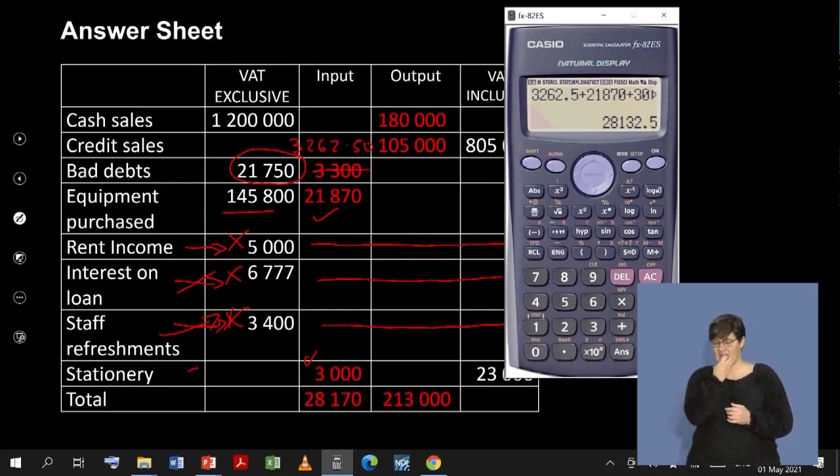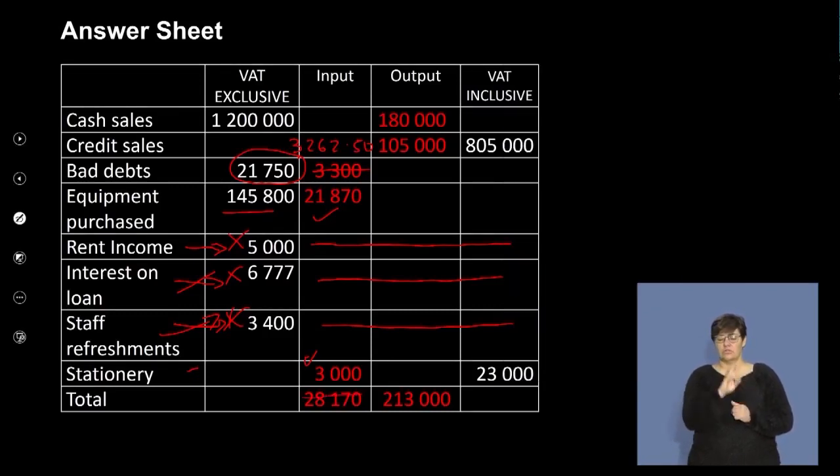So this is the amount that we need to change. Let's change it. Remember, because of that error, we made a change with the credits with the bad debts figure, and as a result, this total now changes to 28,132.50.